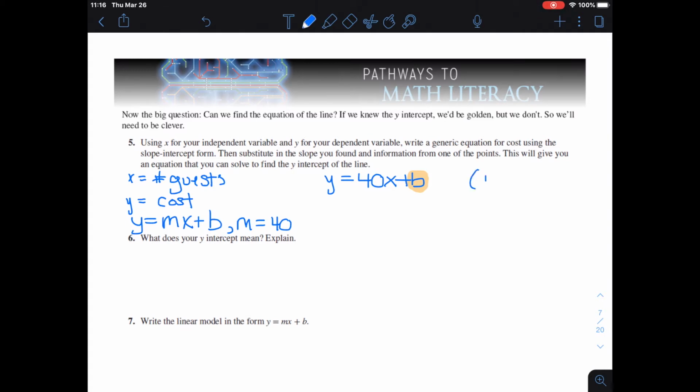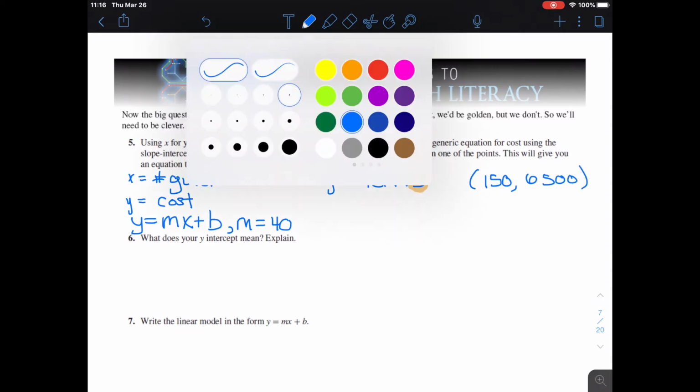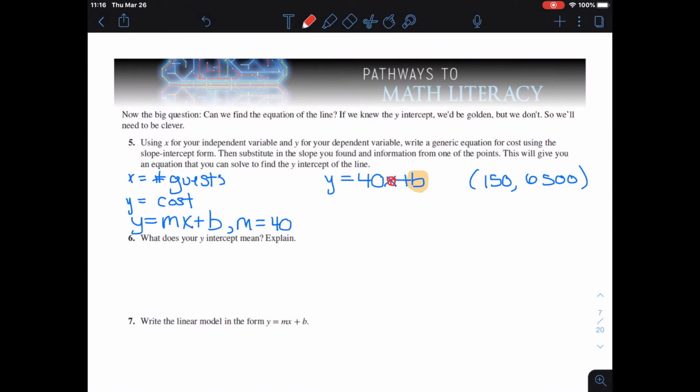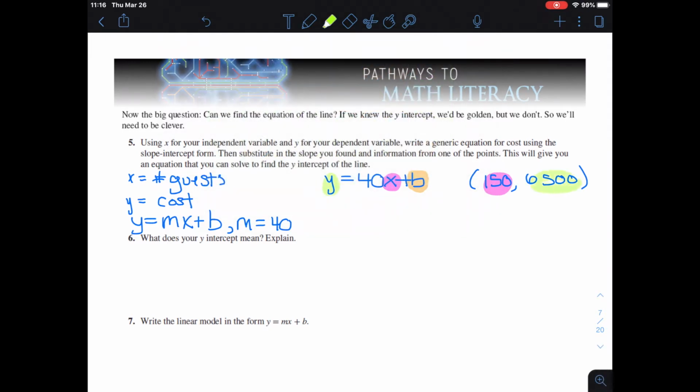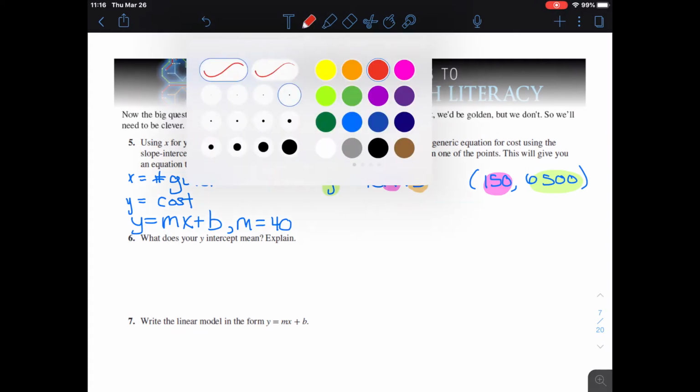When we have 150 guests, the cost is going to be $6,500. So instead of our x, I can plug in 150, and the y value corresponding to that is going to be 6,500. And this will allow us to solve for b.